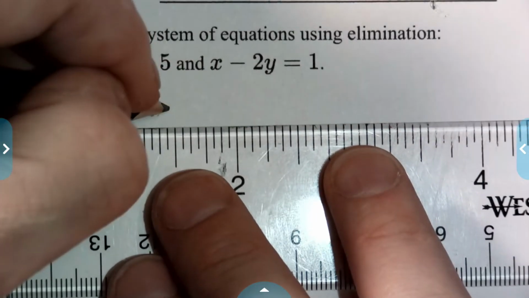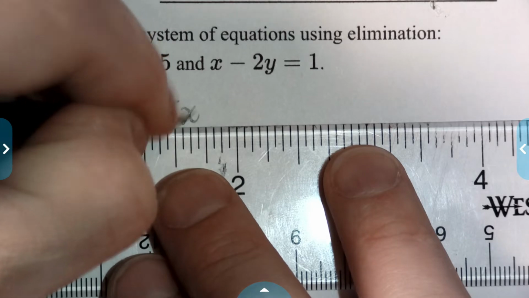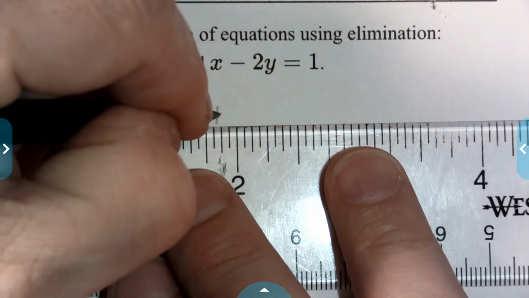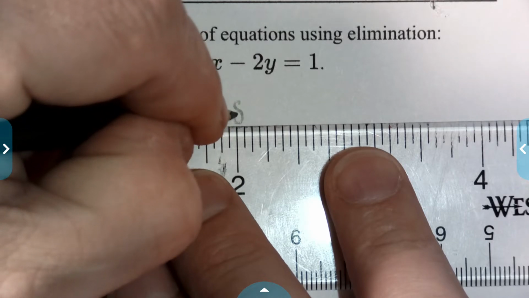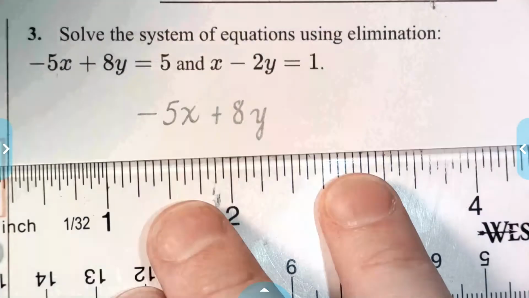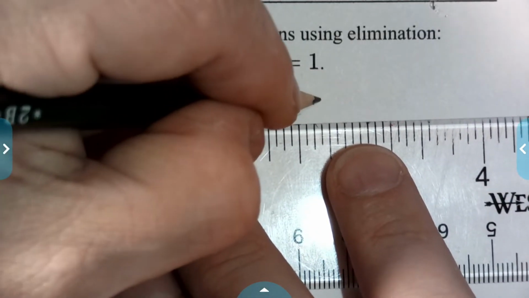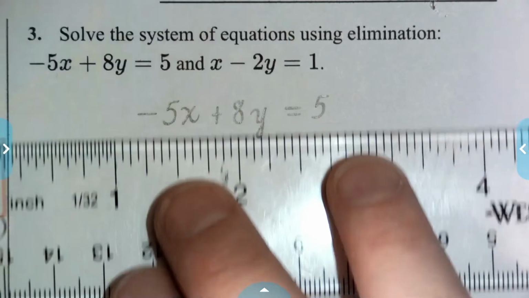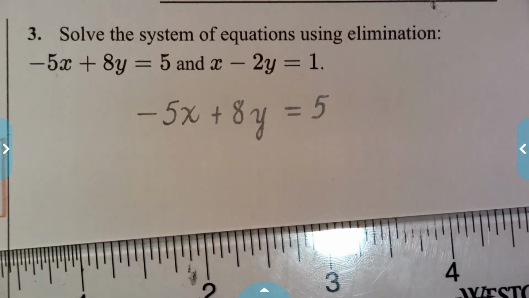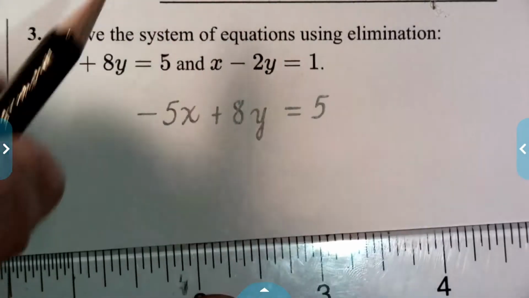Negative 5x plus 8y equals 5. And then underneath that, well, let's think about that for a minute, right?